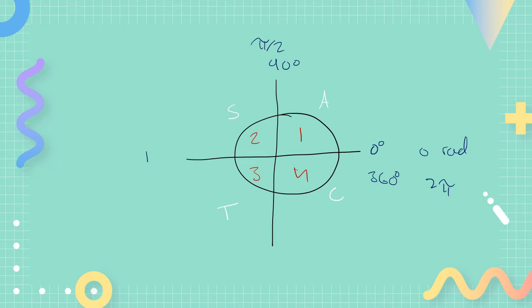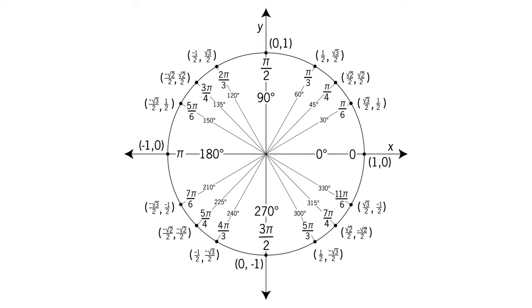Over here, we have 180 degrees, and we had established earlier that it's equal to pi. And this is 270 degrees, which is equal to 3 over 2 pi. So this is just the simple chart, and in the next slide, I'll be showing you a detailed chart.